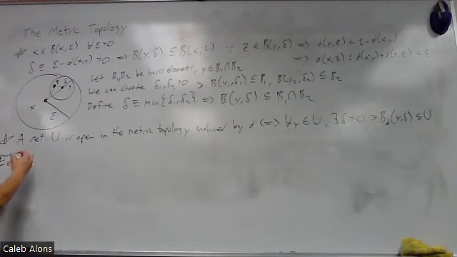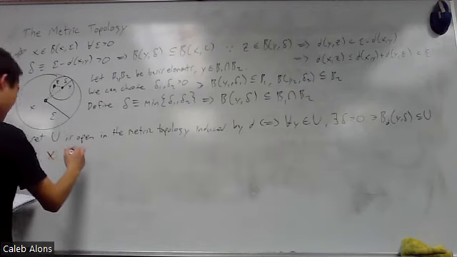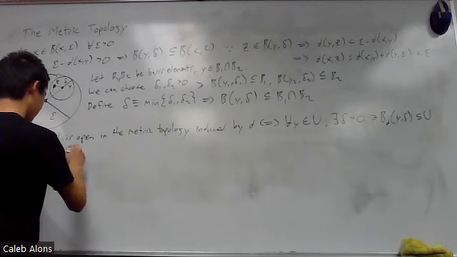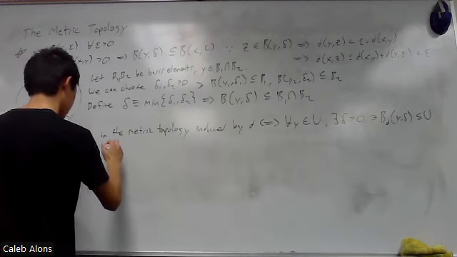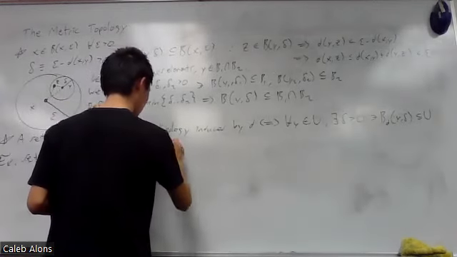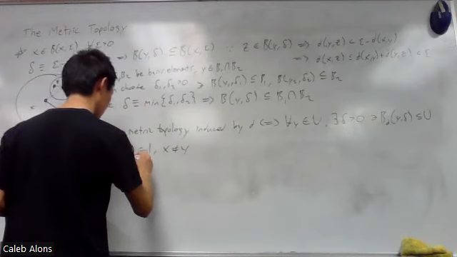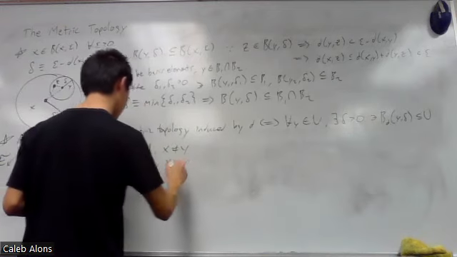But so if we have a set X, then we can define a metric. We can define d(x,y) to be 1 whenever x and y are not the same, and d(x,y) will be 0 for when they are the same.